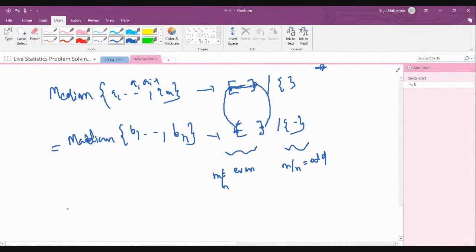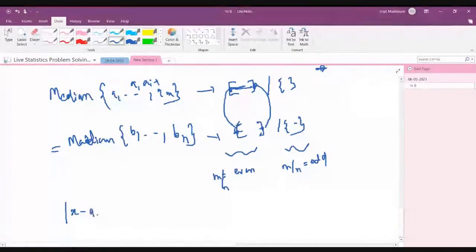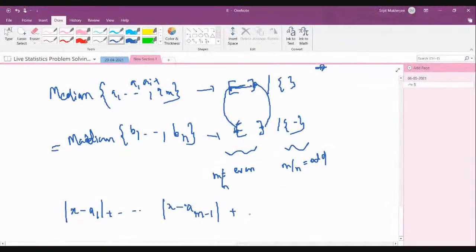So what we have got? We have got that this function is equal to like this. Let's say a1 plus dot dot dot, let's take one number, x minus am minus 1 plus x minus. Understand this one term is coming out to be equal, so we can delete that. That is a common part, right? Do you understand this point now?